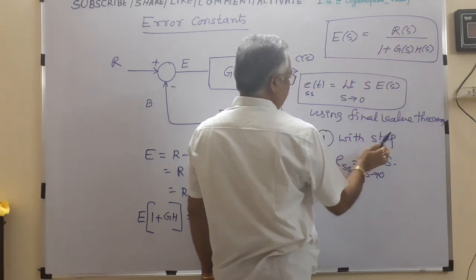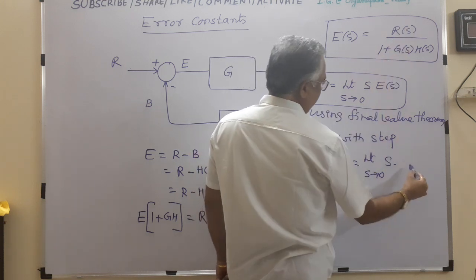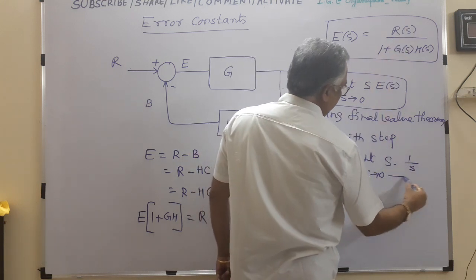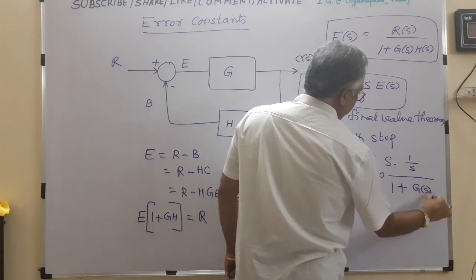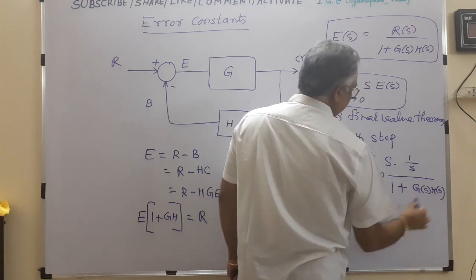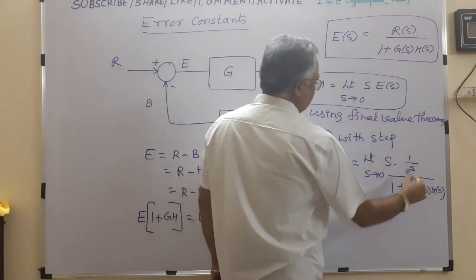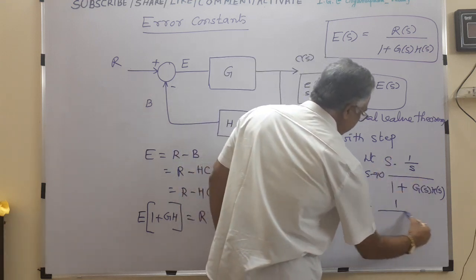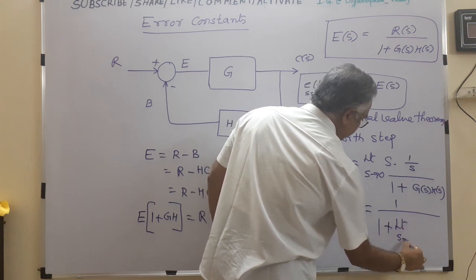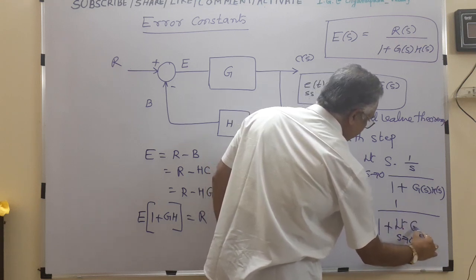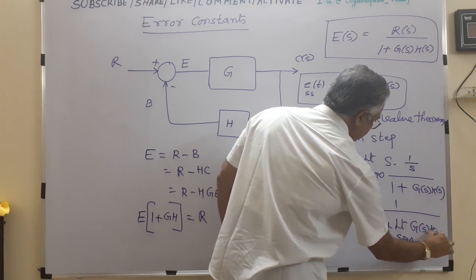But with the step, what is R of s? 1 by s. So 1 by s by 1 plus g of s h of s. So s s cancel. You will get 1 by 1 plus limit s tends to 0 g of s h of s.